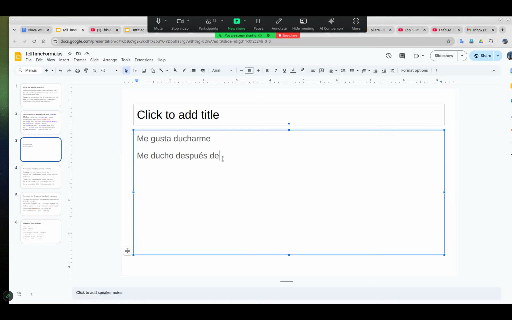Preposition words are words like en, de, and a bunch of others. And so de is the preposition. The verb we're going to use after that is going to stay as an infinitive. So here's our exercise word. And again, it's a word combo, hacer ejercicio.